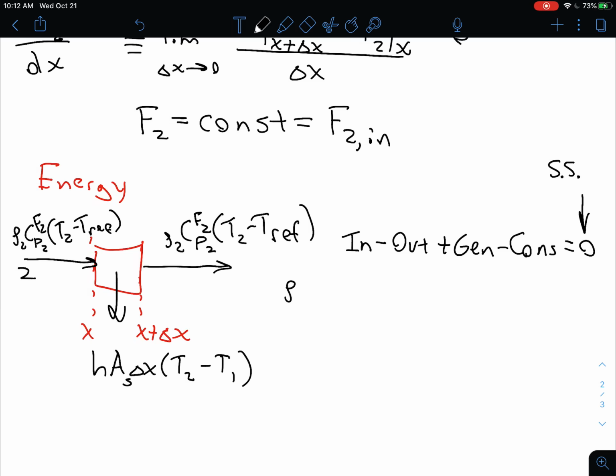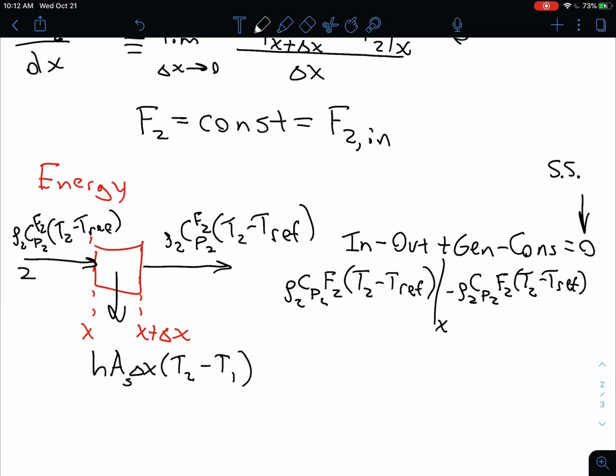So the input is rho Cp F2 T2 minus Tref evaluated at x, minus rho Cp, these are for stream 2, F2 T2 minus Tref evaluated at x plus delta x. That's the input minus the output.